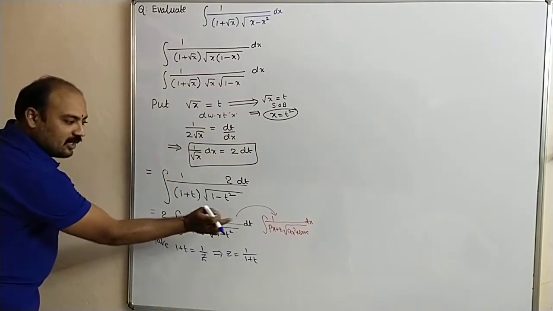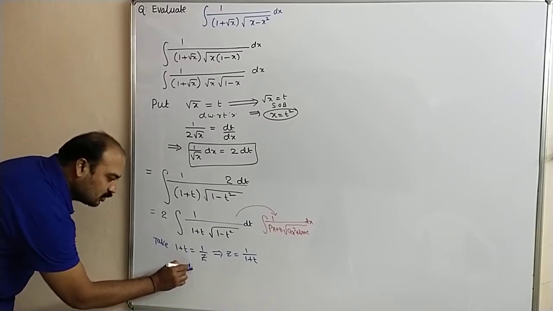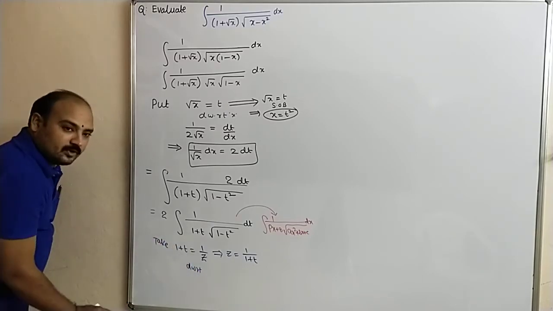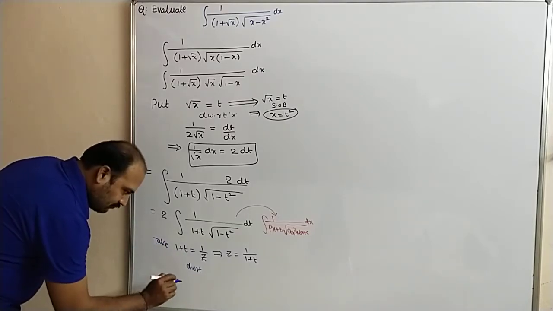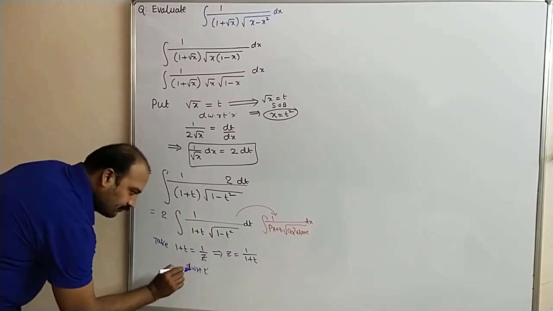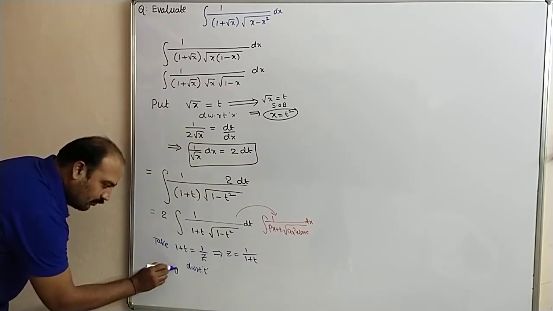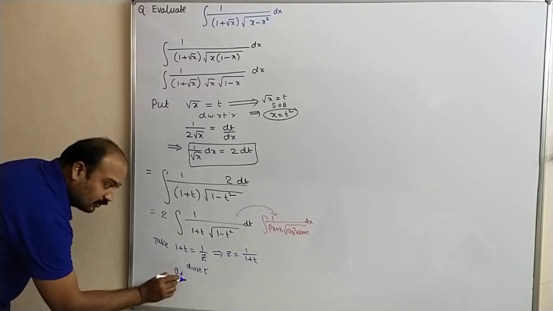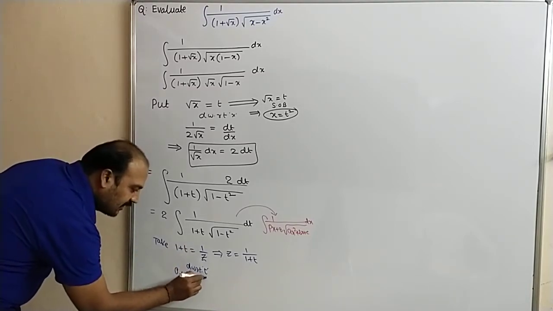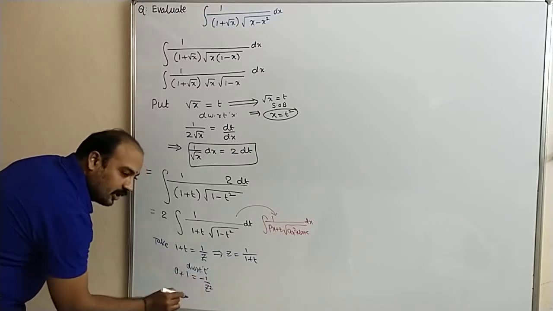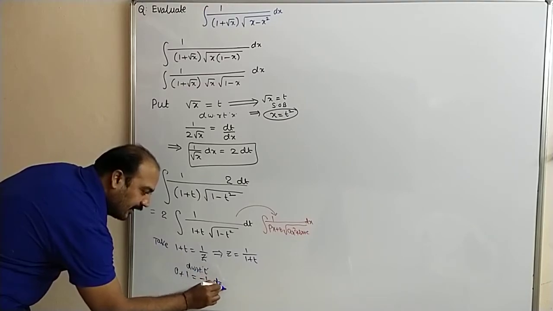Of that dt value you can calculate. For this, differentiate with respect to t. So now 1 constant derivative 0 plus t derivative with respect to t is 1. 1 by z derivative is minus 1 by z square into z derivative with respect to t, dz by dt.